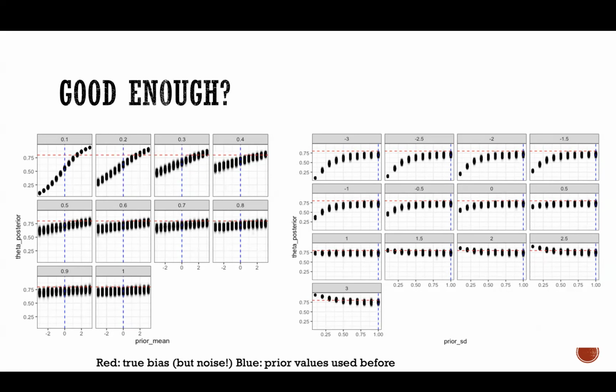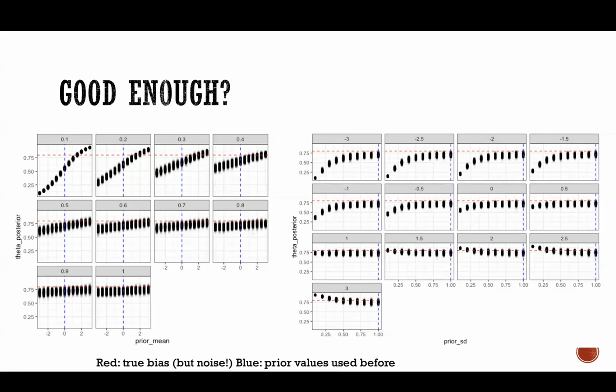And we see that with low standard deviation, meaning with very high confidence, the prior mean is very determining of the posterior estimate. As we decrease the certainty, increase the standard deviation, the influence of the prior mean disappears. Right?